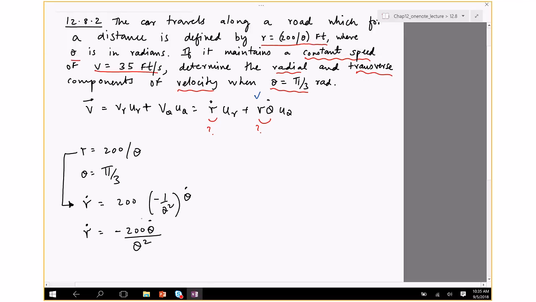Here the issue is I do not know theta dot. I do know what theta is, it's given. So in this expression R dot is unknown, theta dot is unknown. Just because theta is pi by 3 doesn't mean theta dot is 0. In fact, theta dot cannot be 0, because if that is 0, then it's not really moving with uniform speed.